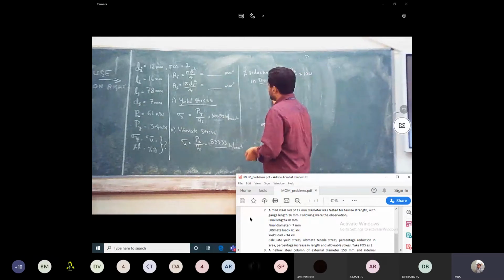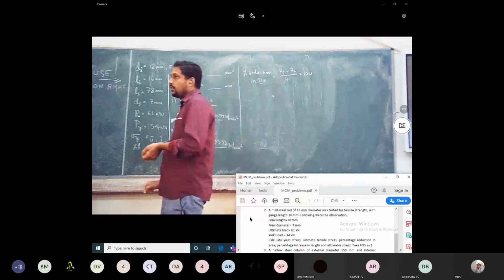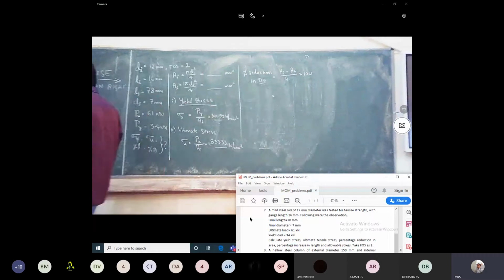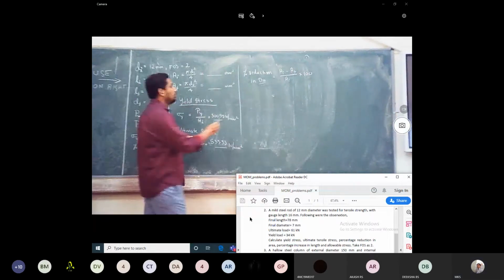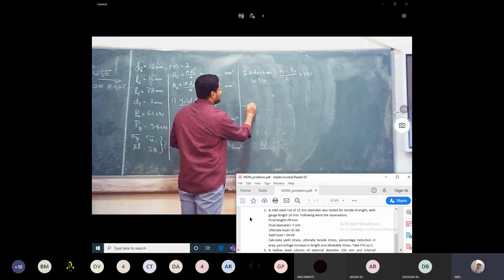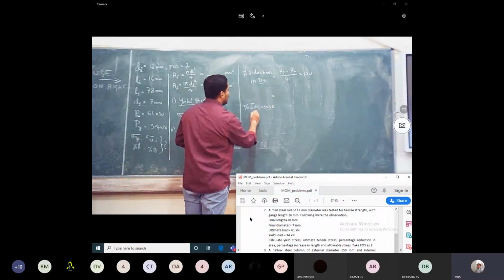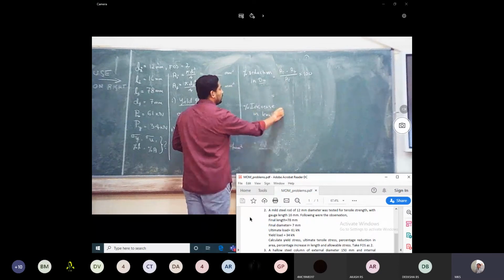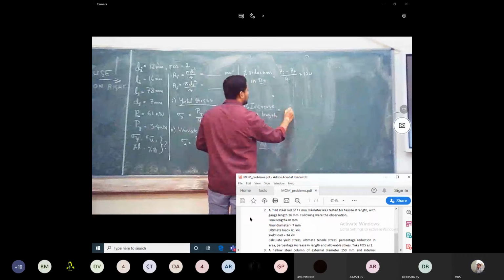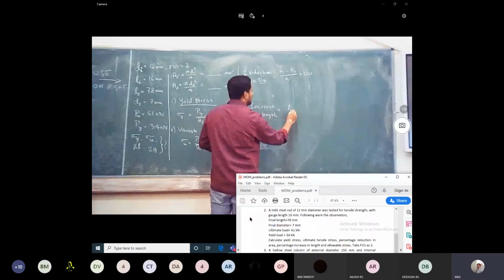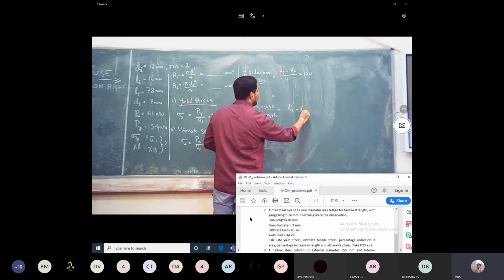You calculate how much percent. Similarly, next one is the percentage increase in length, which is given by LF, the final length, minus LI, the initial length, divided by the initial length. Calculate.